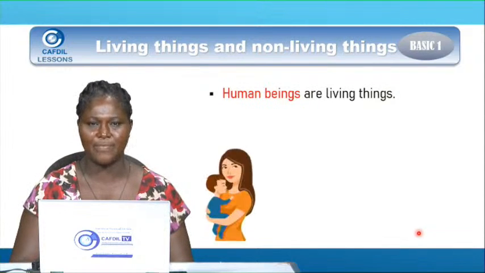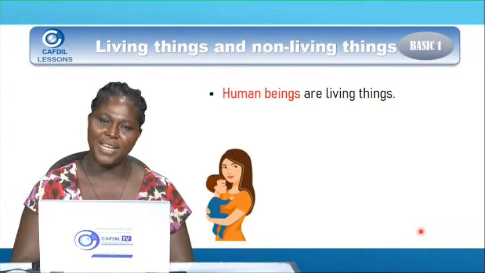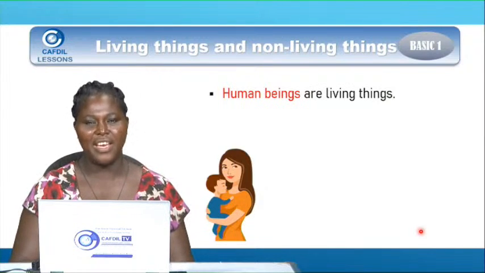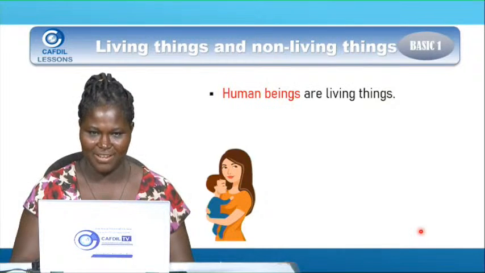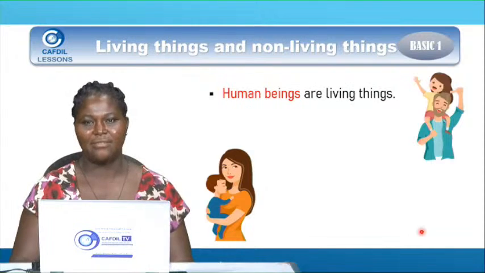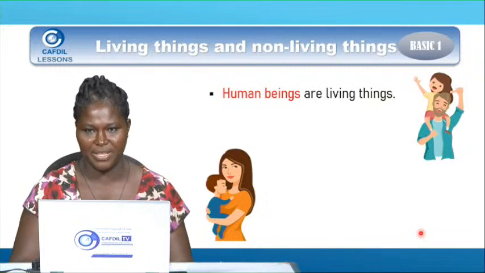Let's look at it. Now, your mother is a human being, and the baby is a human being. Good. Daddy, a man, and the boy, they are what? Living things, and they are human beings.